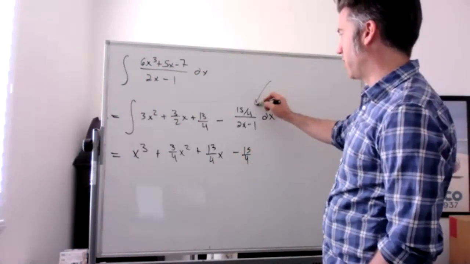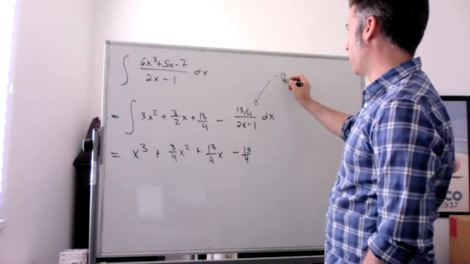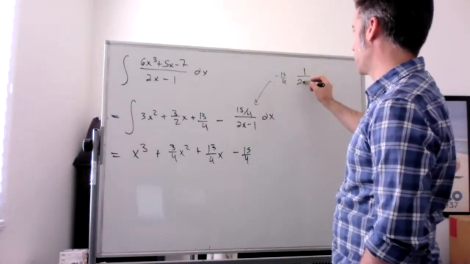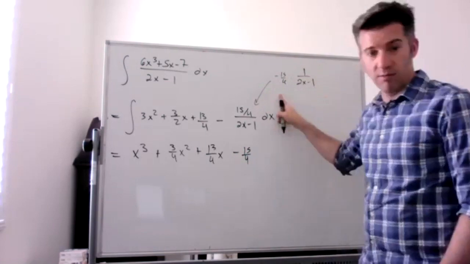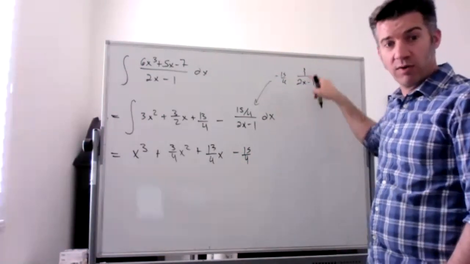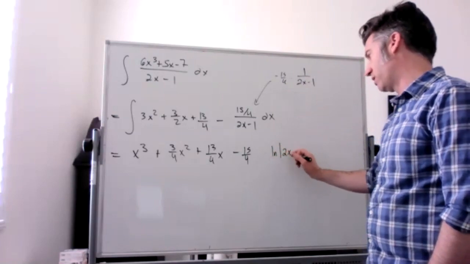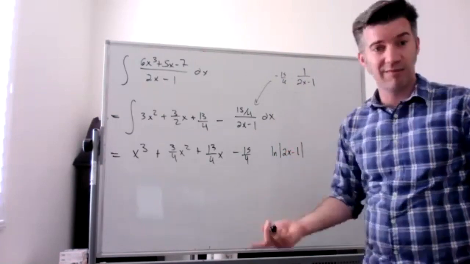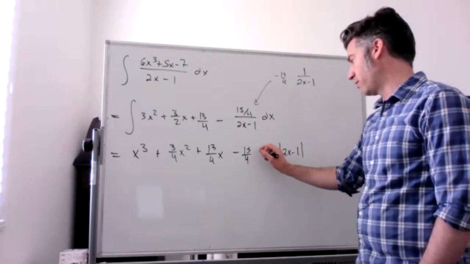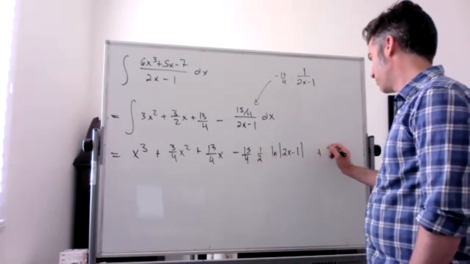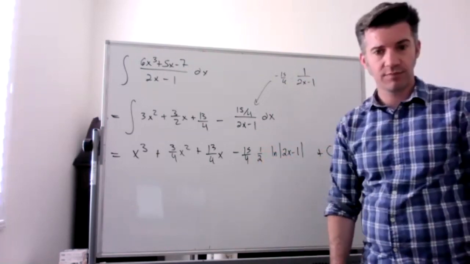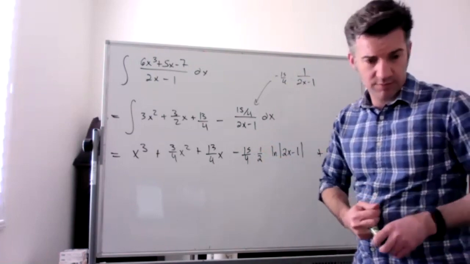Because really, I'm thinking of this as minus 15/4 times 1 over 2x minus 1. So the constant multiple just sticks around, and the integral of 1 over 2x minus 1 is going to be the natural log of the absolute value of 2x minus 1, multiplied by 1/2. So that's how I would do that problem.